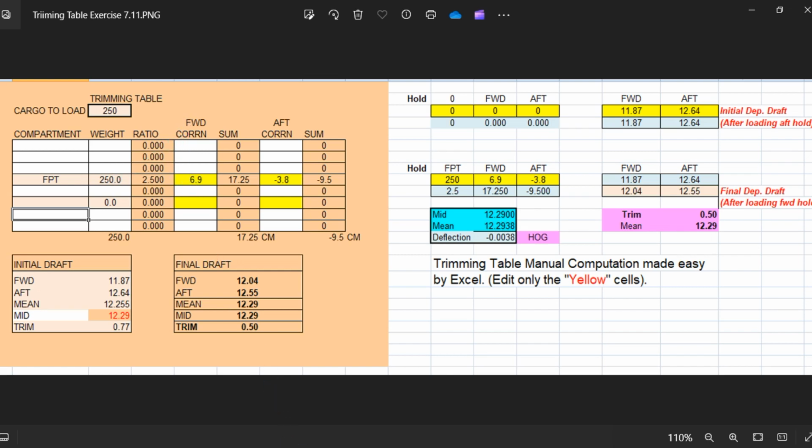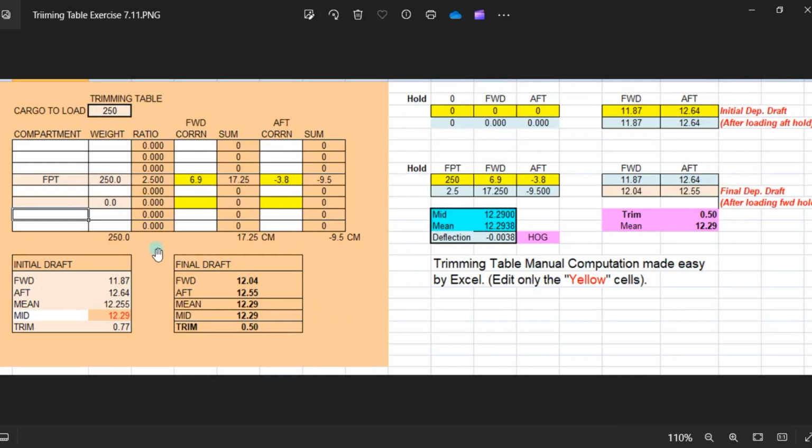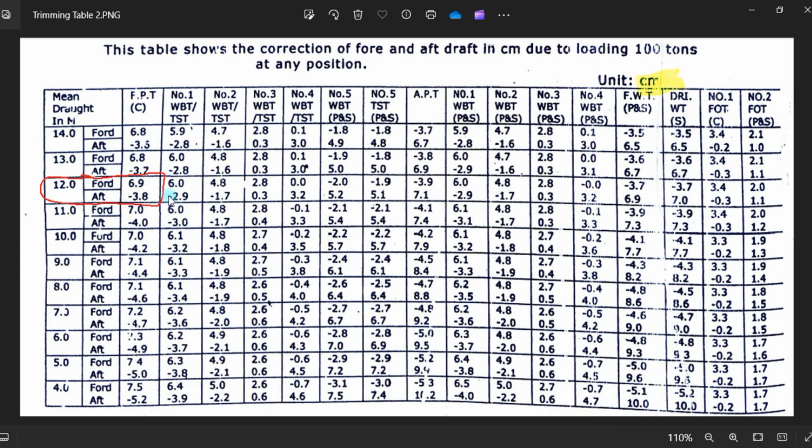That is here. Forward is 6.9 and aft correction is negative 3.8, which is this one, negative 3.8. That is the nearest main draft of 12 meters because you have a main draft of 12.25. So you get these two values, okay?